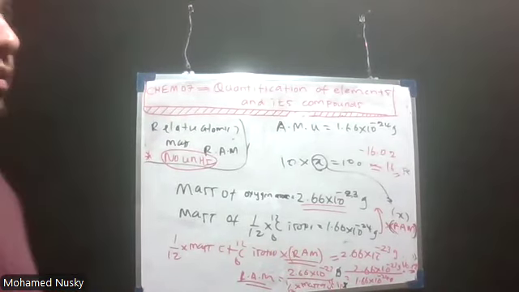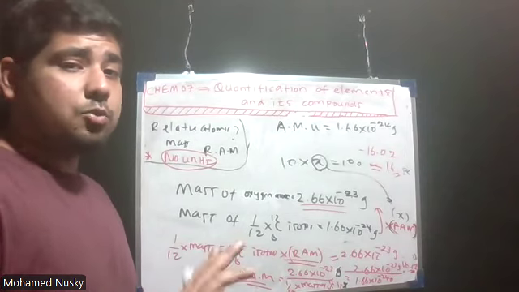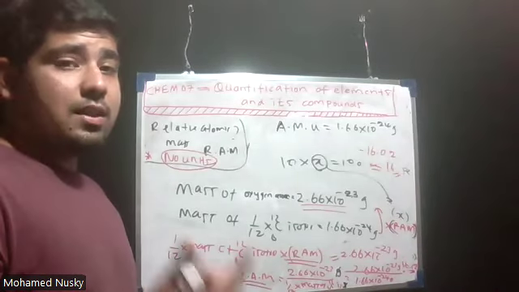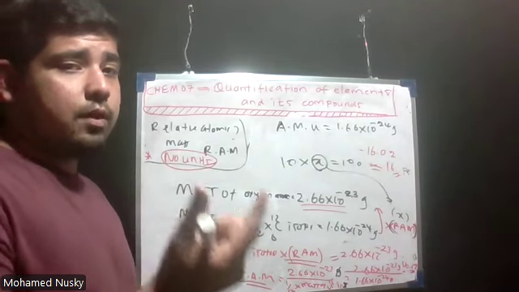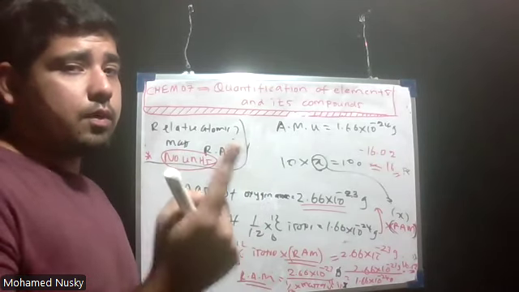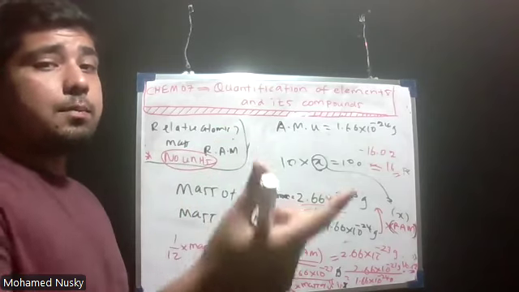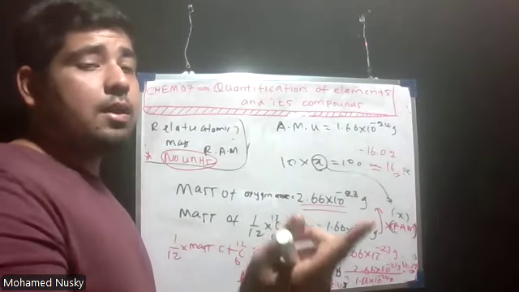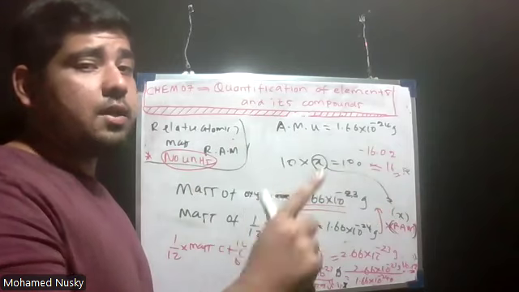That's it. Atomic mass is over. Relative atomic mass is over. Atomic mass unit is over. You see the term atomic mass unit: the mass of a unit is atomic mass unit. What is relative atomic mass? Relative means in comparison to another, with respect to another, relation, relationship, comparison.